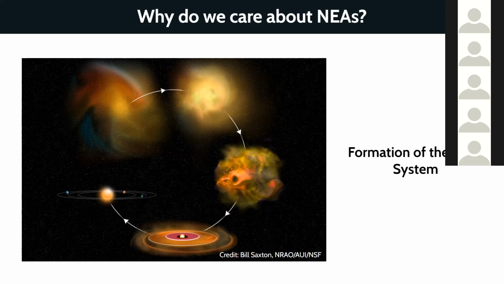And since near-Earth asteroids basically come from the main belt, if we can understand the compositional distribution of the near-Earth asteroids, we can basically extrapolate that back to the main belt asteroids. So it's one of the reasons why they're interesting. It was not the focus of the study, but I just thought it would be interesting to share.